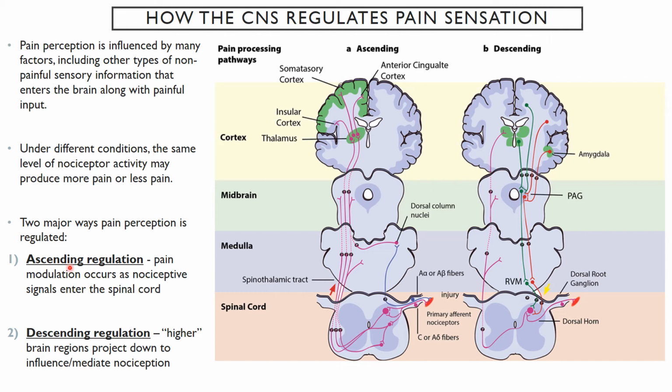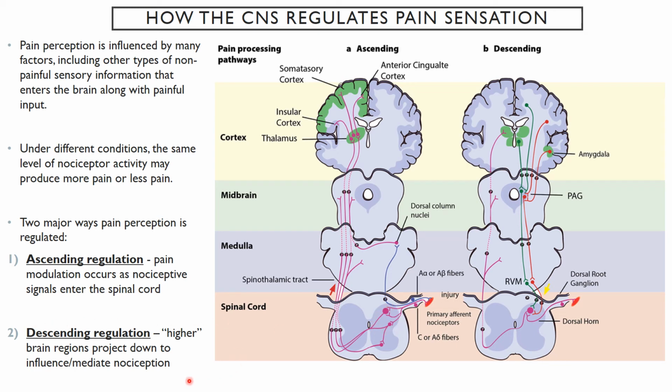One is referred to as ascending regulation, where there is regulation that happens with the input of mechanosensation and nociceptive information within the spinal cord itself as it's ascending up into the brain. So you can have modulation of the pain signal that eventually makes its way to the brain that is modulated here in the spinal cord.